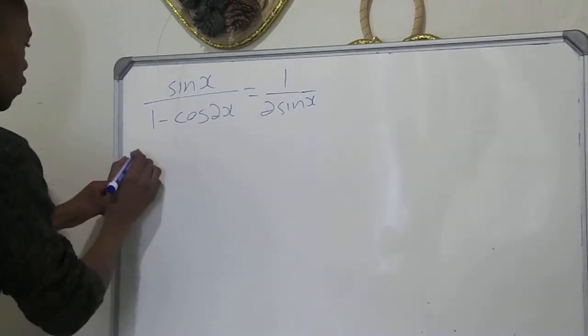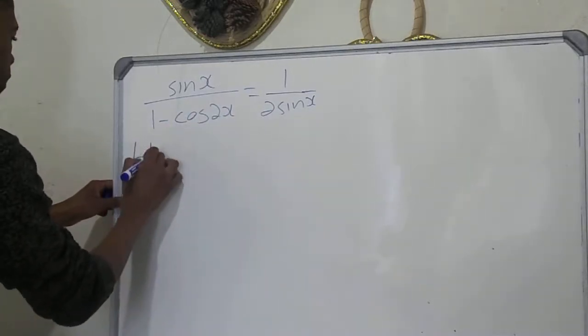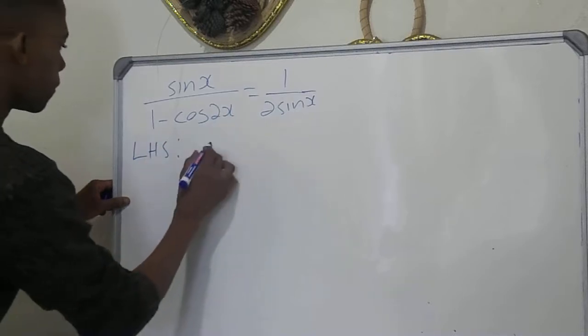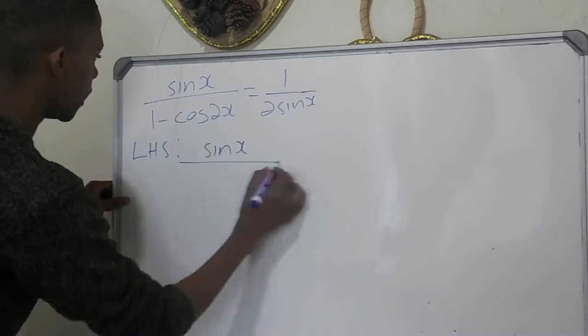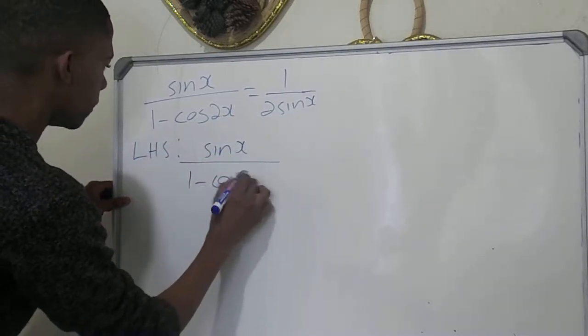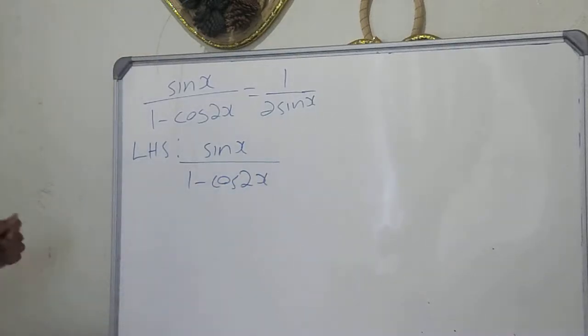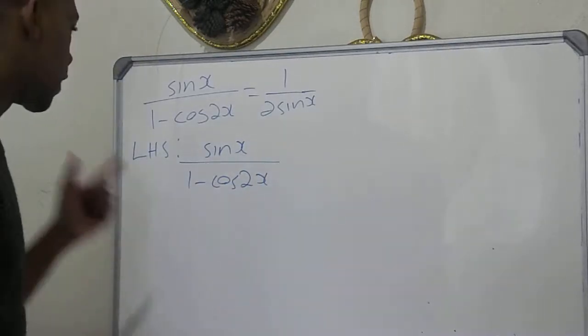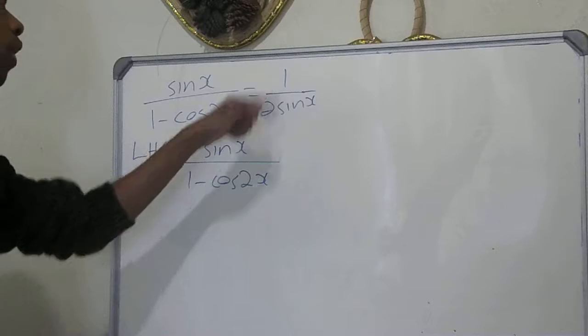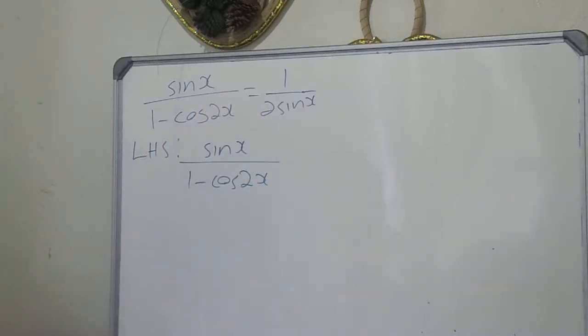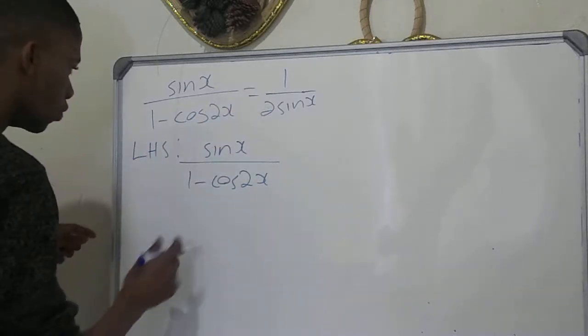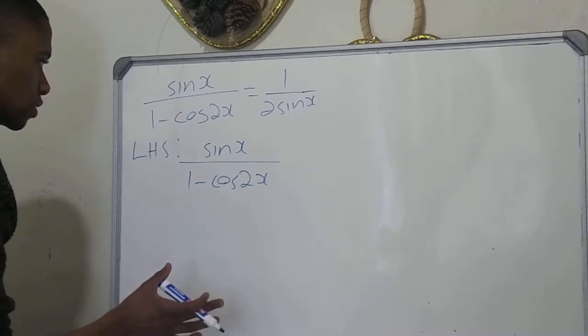So first thing we're going to do is take the left hand side and manipulate it, change the identities so that it ends up looking like 1 over 2 sine x. Right? So we can't change sine x.